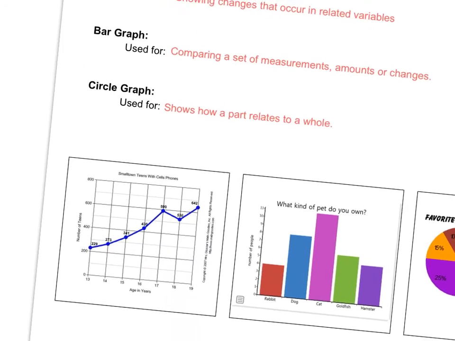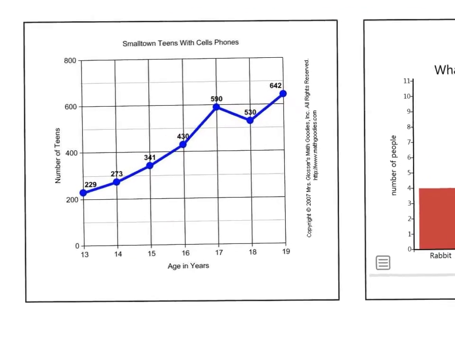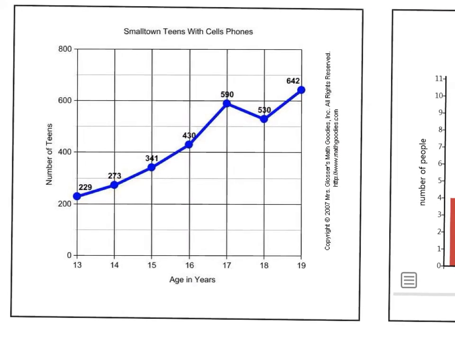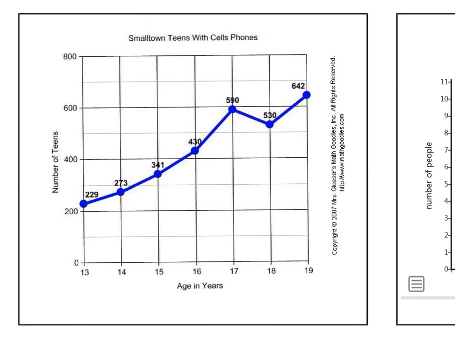Here's another example of our line graph. Here we are looking at age in years compared to the number of teens who own a cell phone. So, the number of 16-year-olds that owned a cell phone, we go up and over.